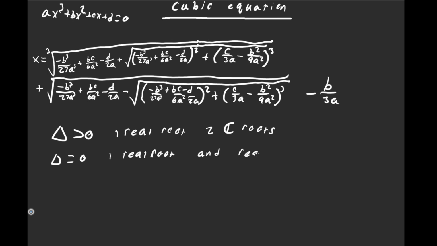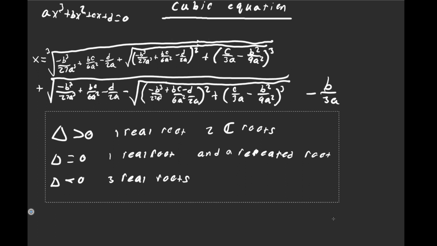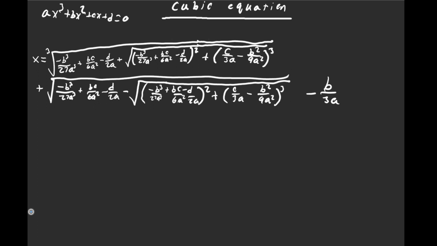And when the discriminant is less than 0, it has three real roots. So that's what's going to tell us what's inside of the square root, where we see that if we were to make this negative, then that would give us three real solutions. But we're not going to use the long formula, except for one example.